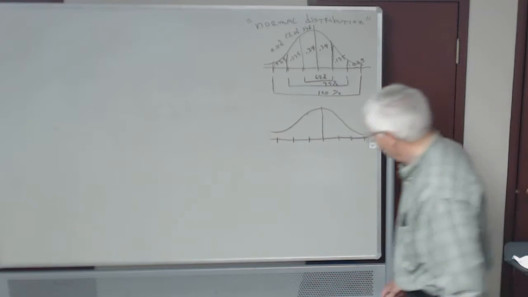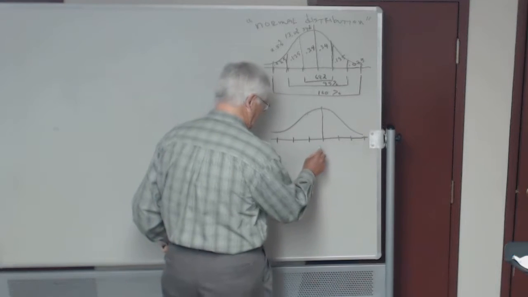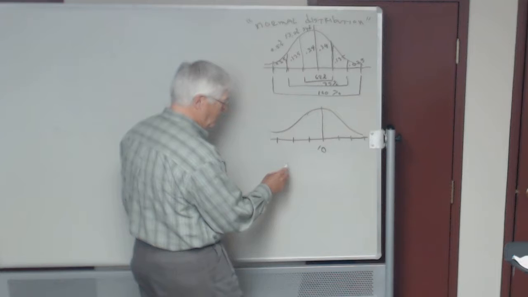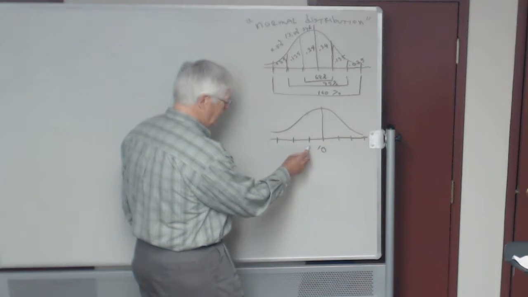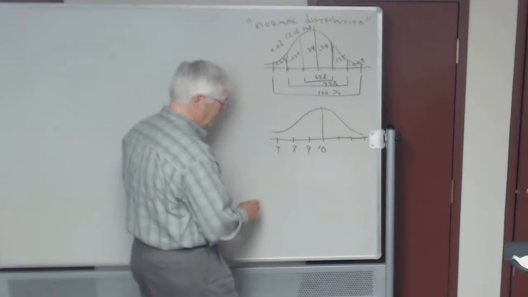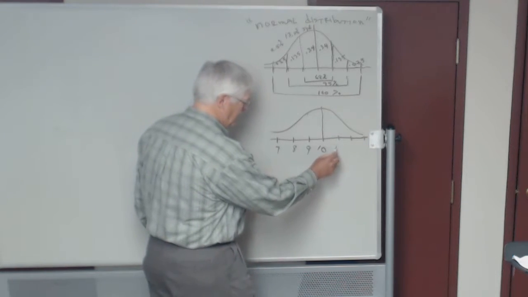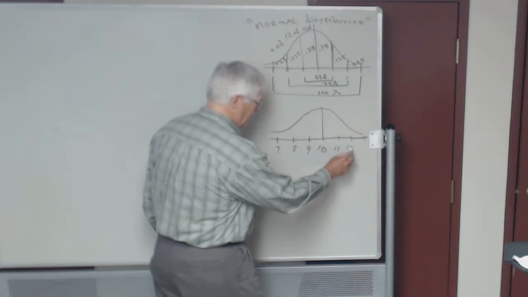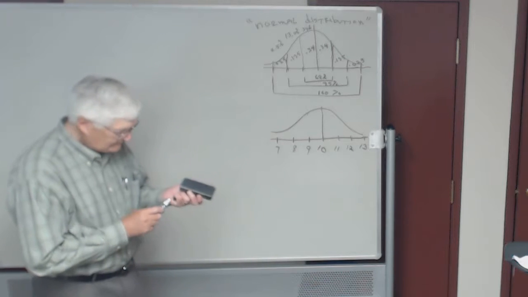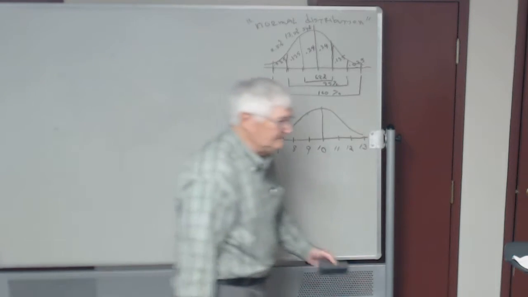What's the mean? 10 pounds. And what's the standard deviation? 1. So this is 9, 8, 7. And what's this? 11, 12, 13. Everybody follow that? Now I've got my chart.